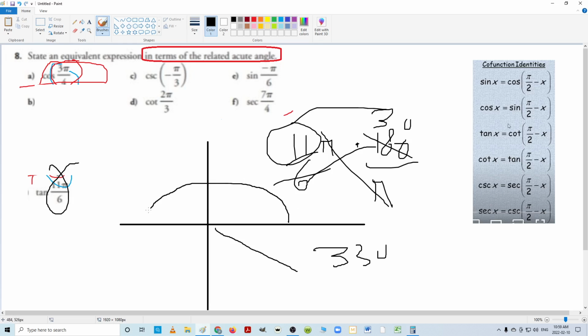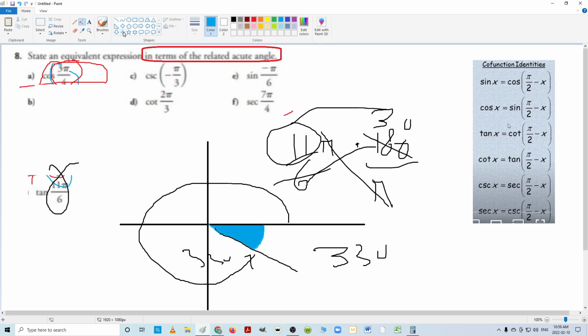If I went all the way around to 330 degrees, how much is this angle here? And what is this angle here? This angle here is the acute angle that I'm looking for. How much is it? I'm just going to work in degrees first, just to keep it simple.